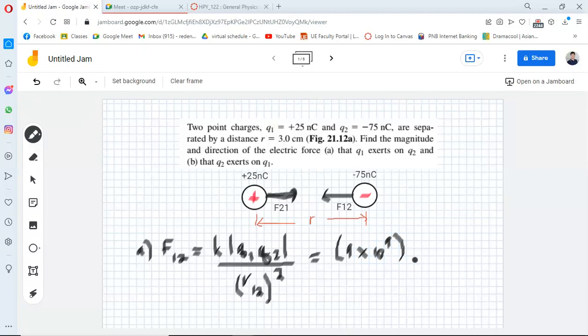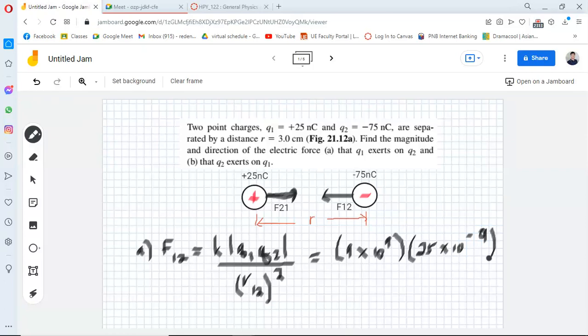Hindi ko na ilalagay unit na kasi automatic naman na Newton ang ating result. And then you have here the absolute value of Q1 and Q2, the product. Okay, so ang binigay sa atin is nanocoulomb. Kailangan natin siyang i-transpose in terms of coulomb. So meron tayong 25 times 10 to the negative 9. Pag in-input nyo siya sa calculator, dapat ganyan.